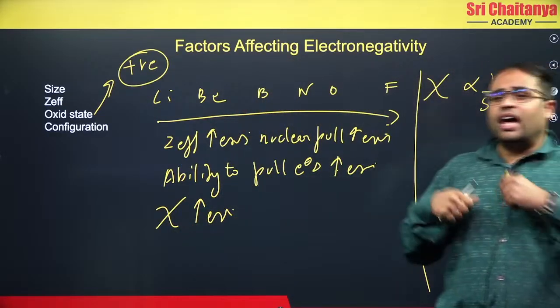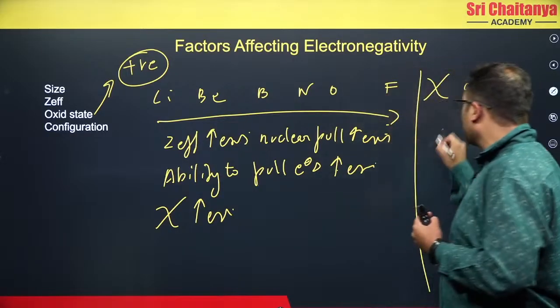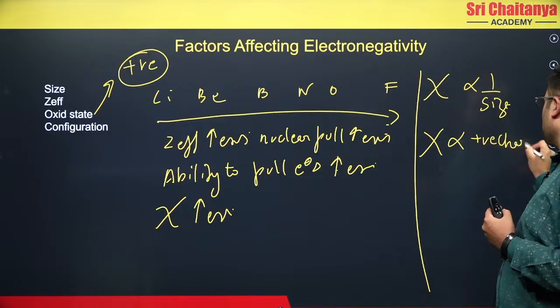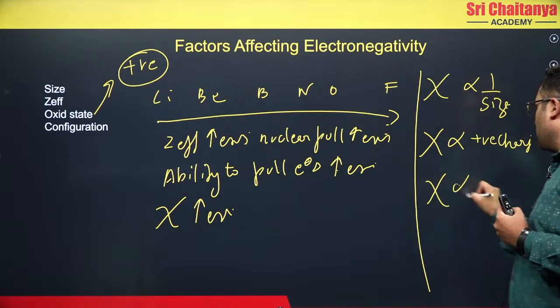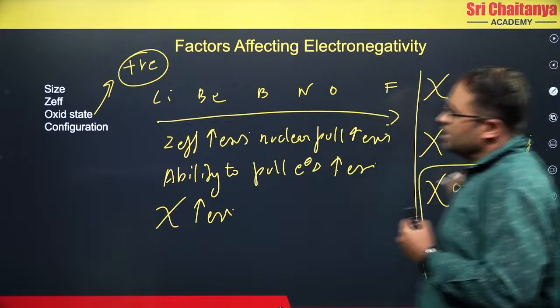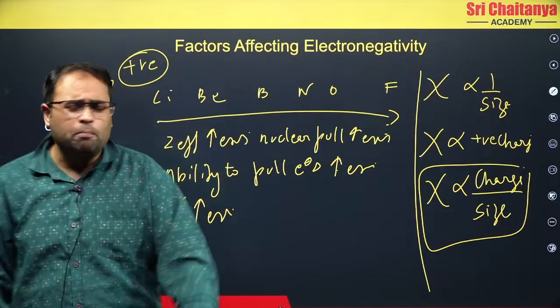If the element has a positive charge, it can more easily pull electrons, so it is directly proportional to positive charge. So chi is directly proportional to charge by size. This we can easily write. Configuration, pretty simple.